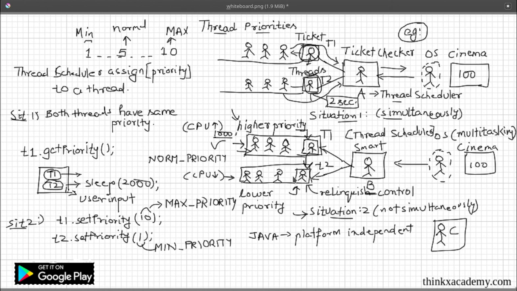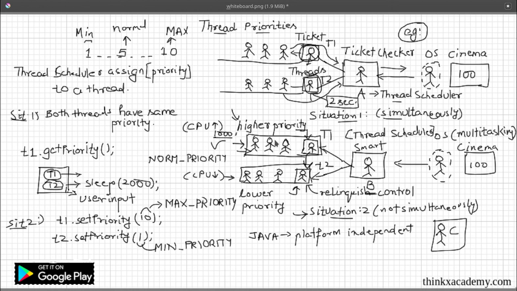So this thread will become almost a dead thread, because it will not be able to relinquish the control over the situation, because the higher priority thread is taking so much time to execute its operation. In that case, this person C has analyzed both situations, and he says, what if we do something like this?